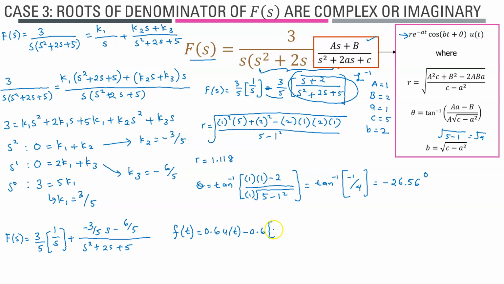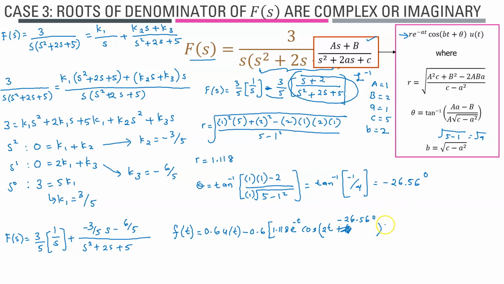So r is 1.118, e to the minus t since small a is 1, cos of 2t, since small b is 2, plus theta, so 2t minus 26.56 degrees.